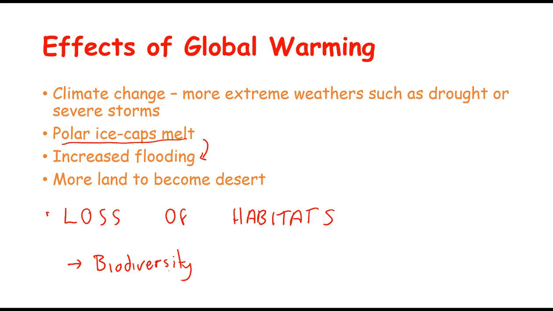You'll remember we talked about biodiversity in the first ecology unit, where we said that biodiversity was the range of different animals and plants in a certain area. Well, if you've got fewer habitats caused by more desert, more flooding, and polar ice caps melting, biodiversity will decrease because there will be fewer habitats and fewer food sources for organisms.